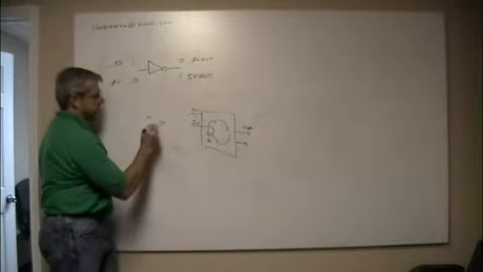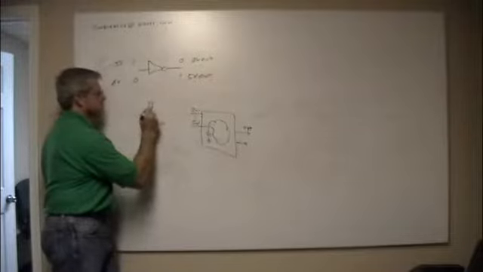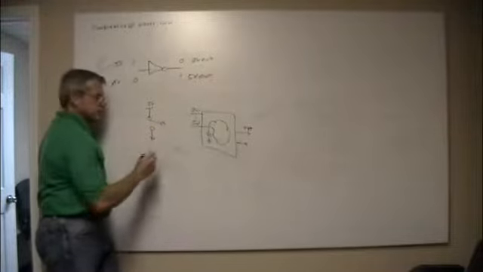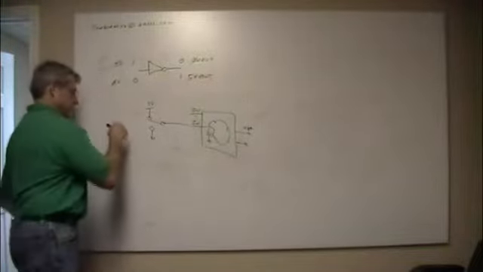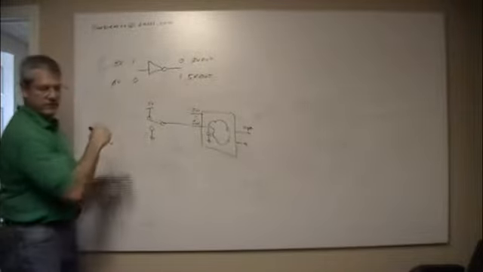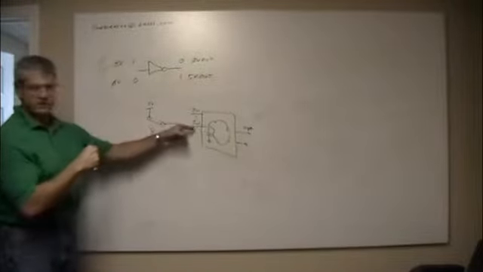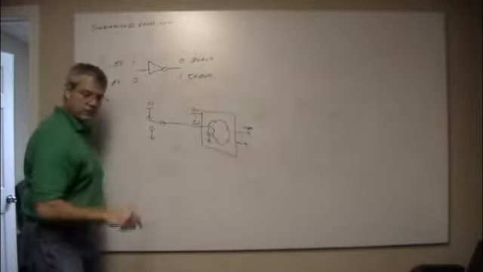The double throw switch, and tie one up to 5 volts and one down to ground. When I push the switch, maybe it goes to 5 volts, and when I let off of it, it goes back to ground, and that gives me a signal in. That's kind of the hard way to do it.